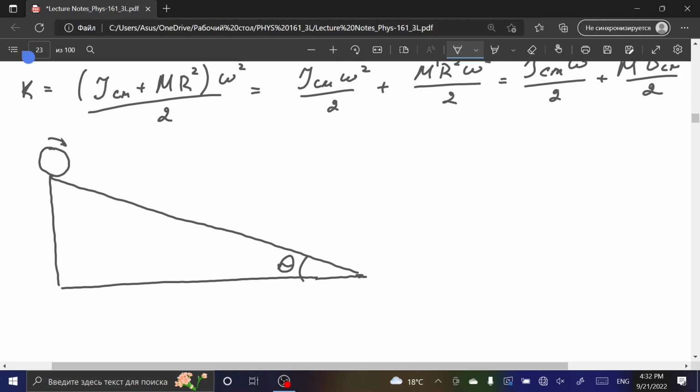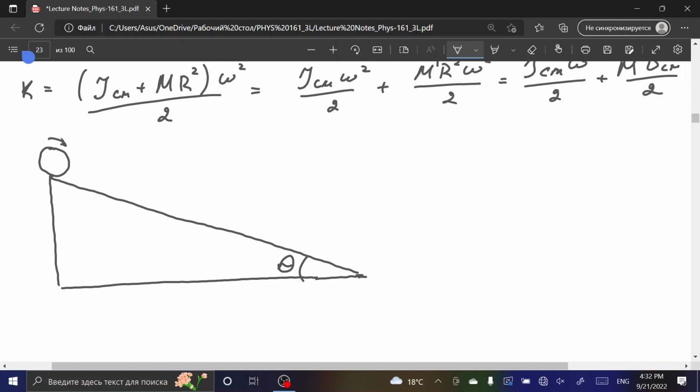So what happens with this object at the point where it touches the surface of the inclined plane? We have some friction force between the object and the surface. This friction force creates some torque, which we will consider a little bit later, but it is the driving force for rotating this object with respect to the center of mass.